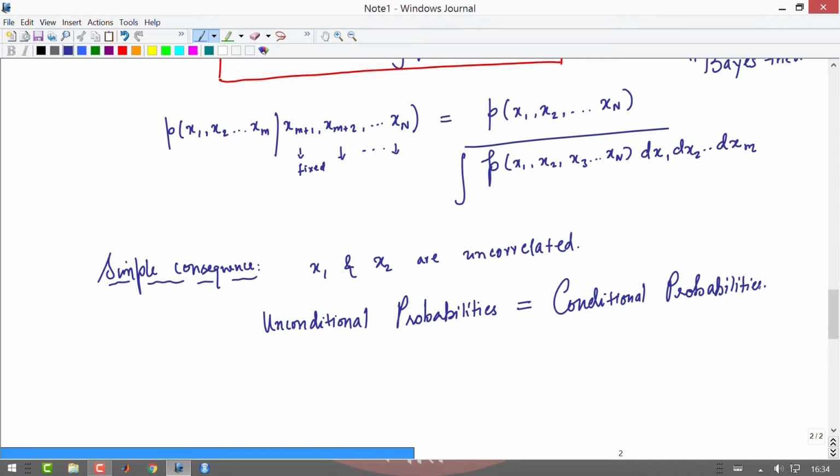Okay. Now this can be very easily proved by looking at the Bayes theorem. So a Bayes theorem for just two variables would be the relationship between conditional probability and the unconditional probability.